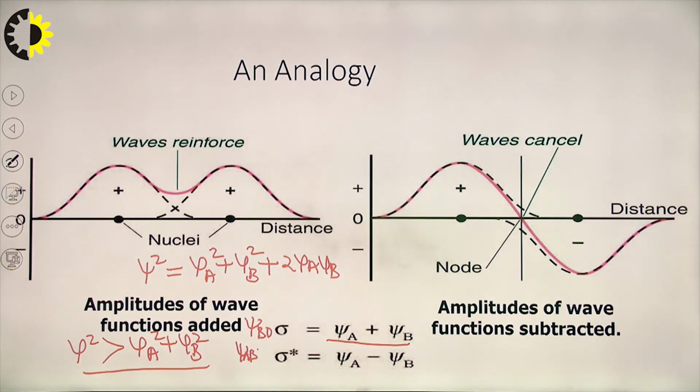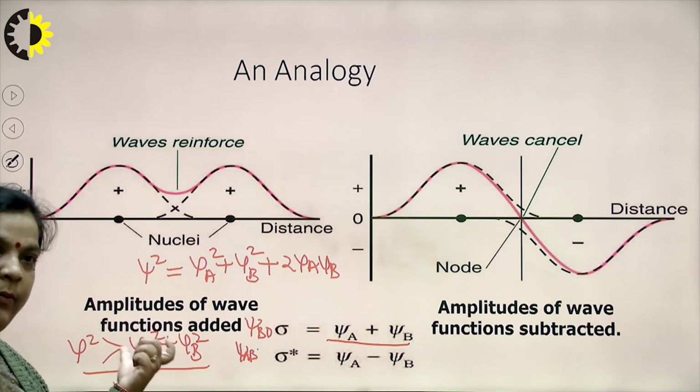And psi is just a representation of the wave function, it has no meaning, but psi square is the probability density, or we can say electron density. So in the case of the bonding molecular orbital, the electron density is always greater than the electron densities of their combining atomic orbitals.